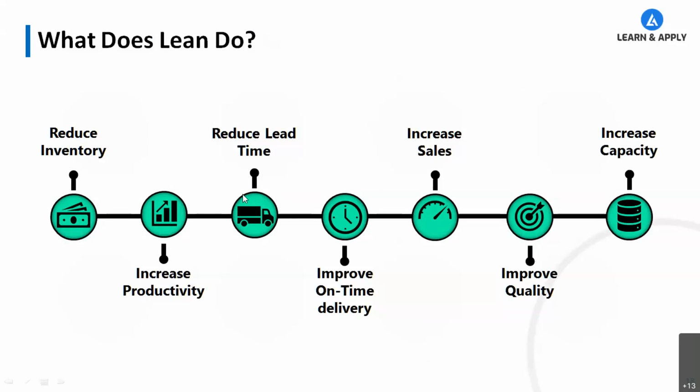That reduces the time required for our process or product. Then that also leads to improved on-time delivery. Sales are also increased. Then there is improvement in quality, and overall the capacity of the plant, the capacity of the organization, is increased. So these are the benefits that we get from lean.